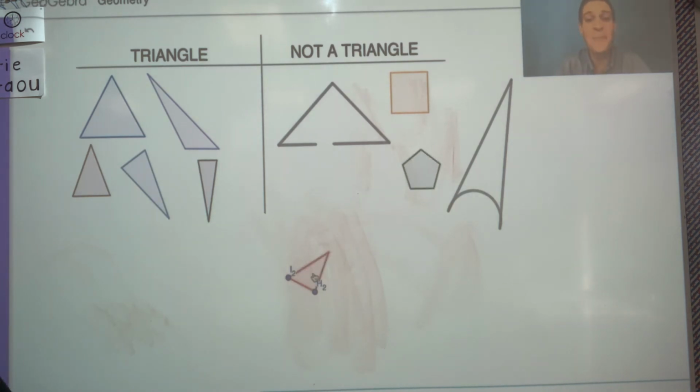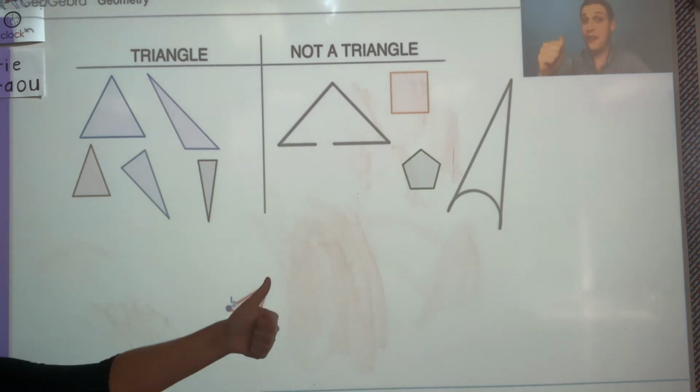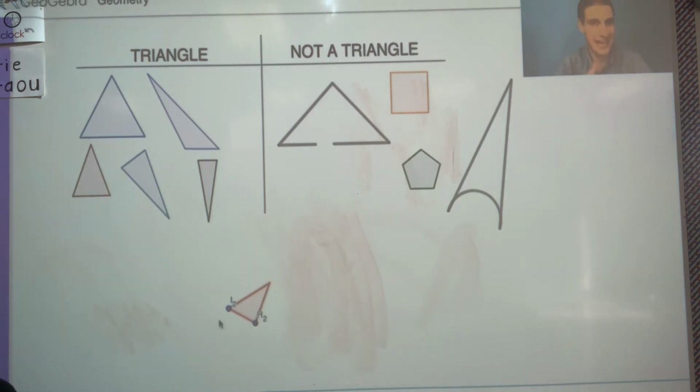I have one more shape for you to look at. Look at this red shape. Is it a triangle? Tell your friend. My friend over here said, yes, it's a triangle. But what if I do this? Watch carefully. Oh my goodness.